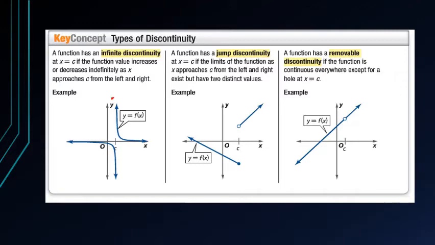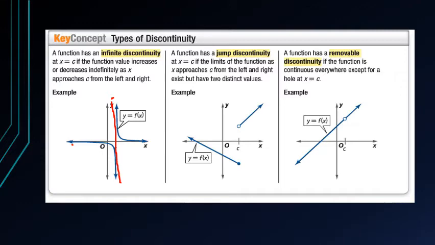And we can see right here, at this point where x is equal to c, is the point where discontinuity exists. And it would appear that it is always going to be discontinuous at that point. That would be infinite discontinuity.